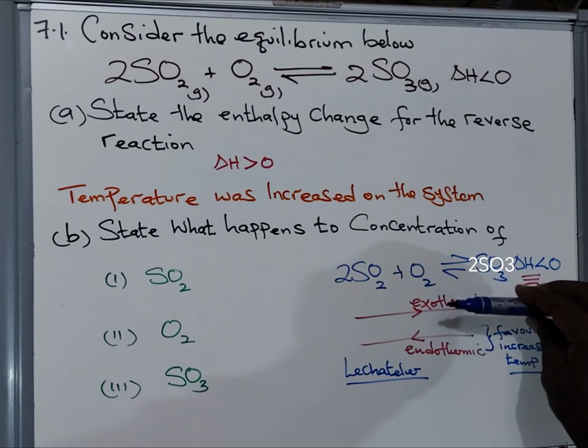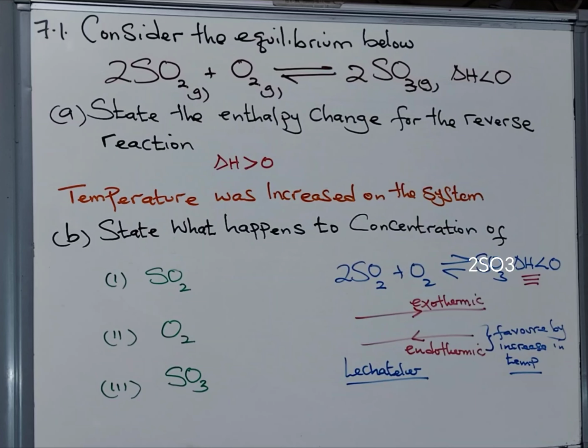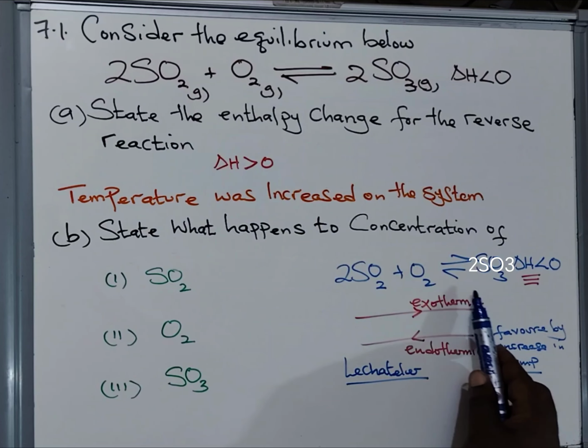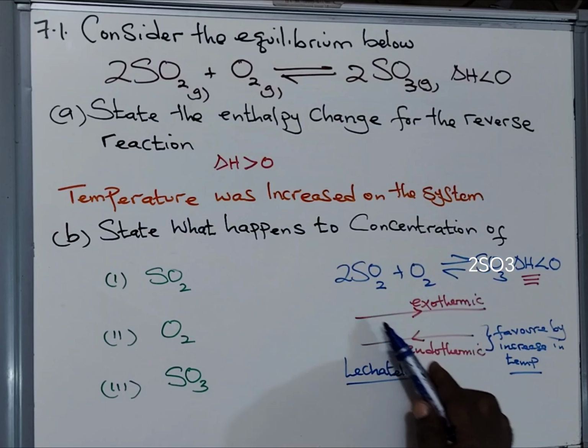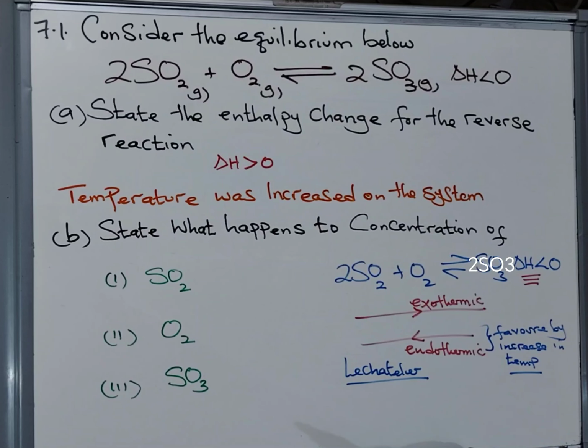I need also to remind you that exothermic is favored by decrease in temperature. Because when you decrease temperature, the equilibrium will shift in the direction which releases it. And the direction which releases heat is exo. Exo releases heat, while endo absorbs heat.